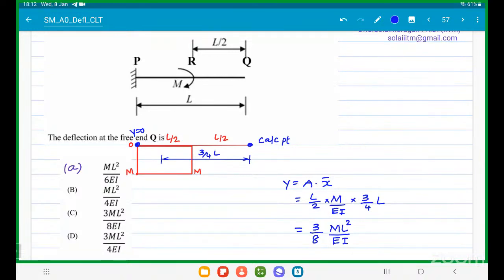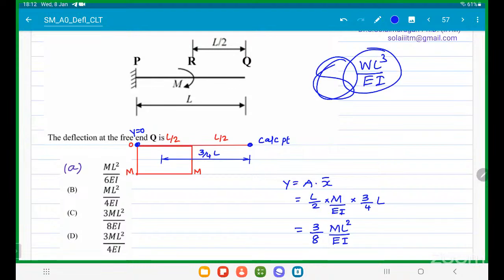See, you have to check logically. In case of point load, the deflection format will be W L cube by EI. This is fixed for point load. Then the previous number may be some number, sometimes 1 by 3, then 1 by 8, 5 by 384. That is different.